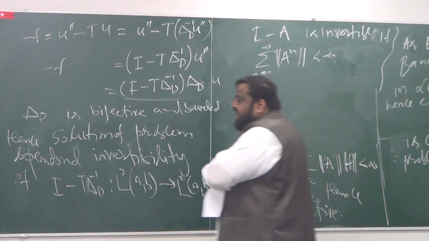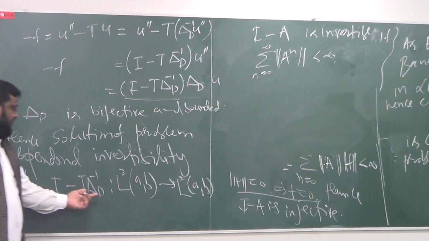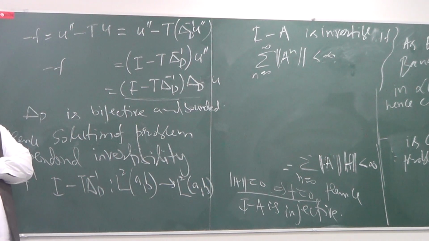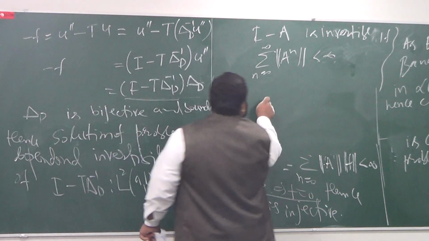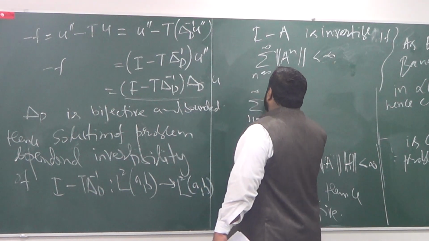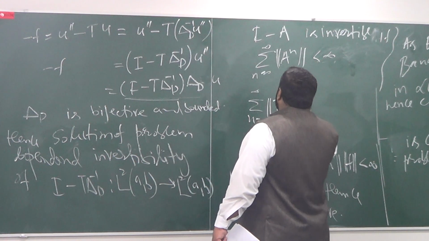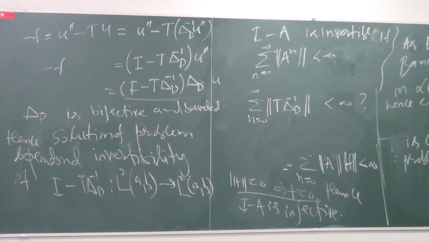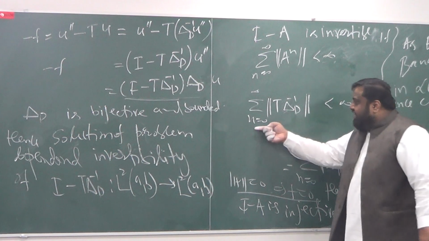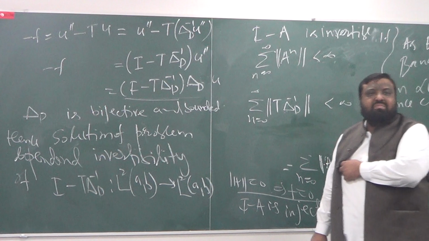Now what conditions should I impose so that I can make sure that the series, in other words the sum from n equal to 0 to infinity of T delta d inverse to the power n, is finite? That's a series of numbers, and I want this series of numbers to converge.